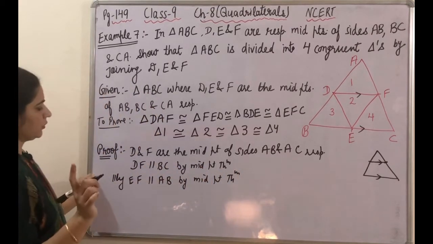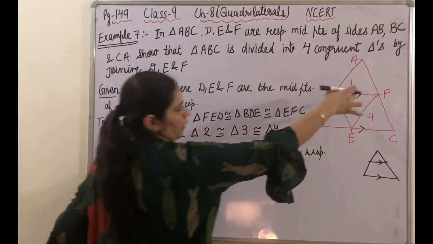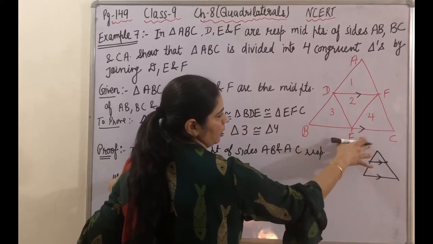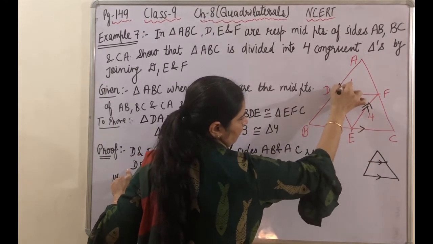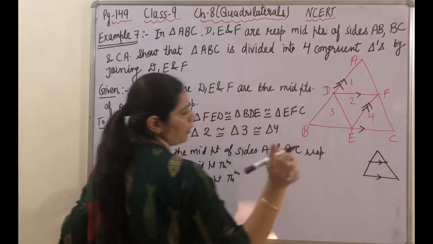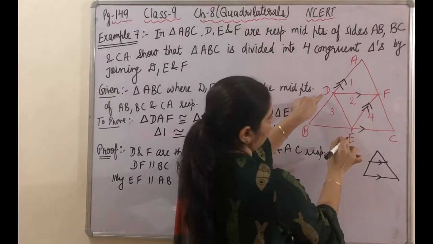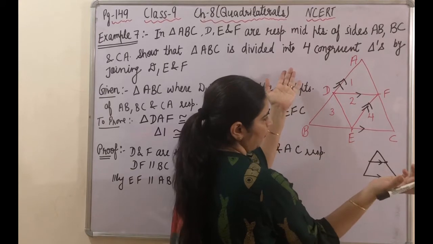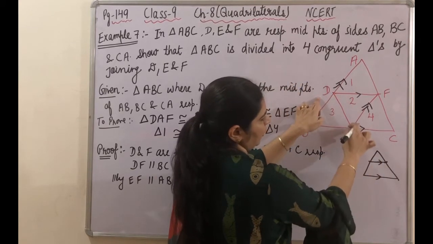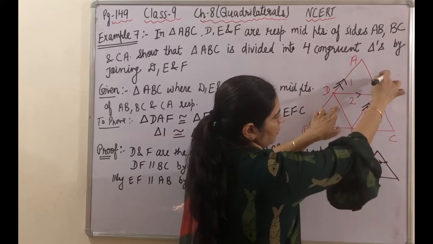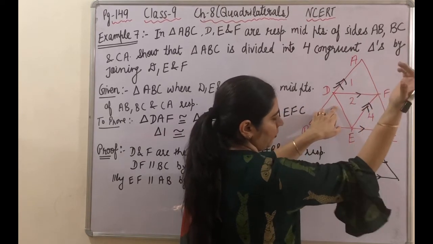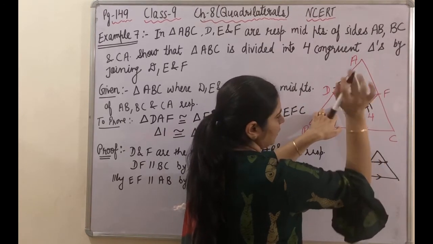One more line is also there. Here we have taken DF parallel to BC, and EF parallel to AB. The third is left. Now D and E are both midpoints. If I join the midpoints, I will get one line. This line will be parallel to the third side and equal to half of it, but I am not using the half.